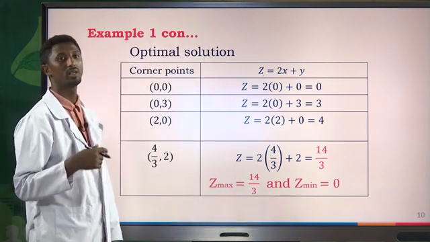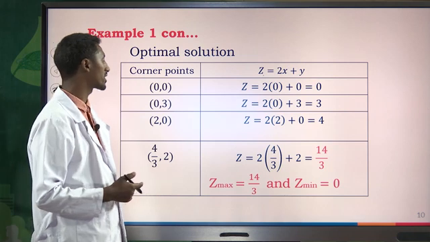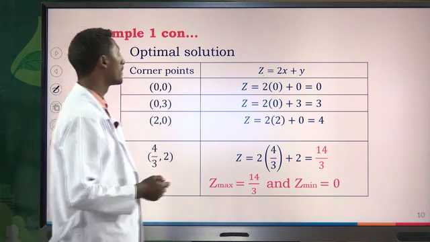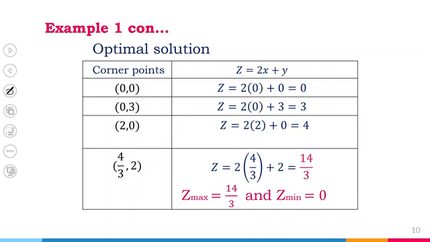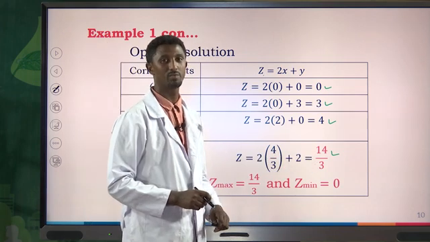What is the objective of this linear programming? The objective of this linear programming is finding a maximum value. Then after we evaluate each of the points, we'll identify which one is the maximum. From these values, 14 over 3 is the maximum value.